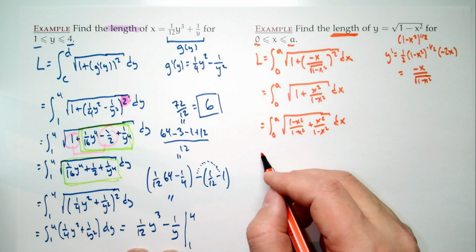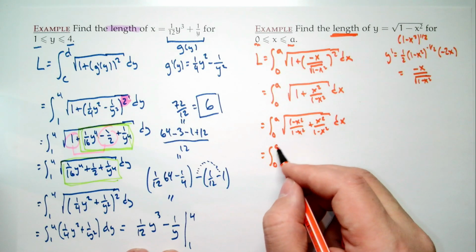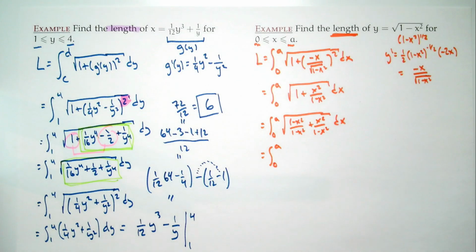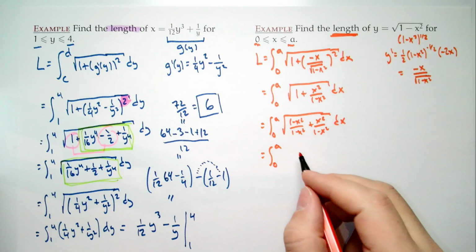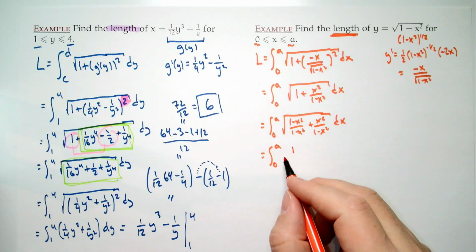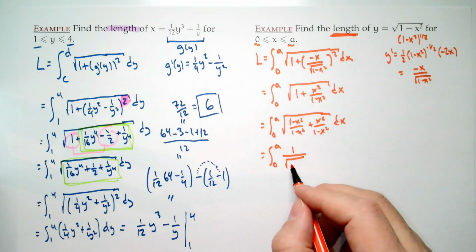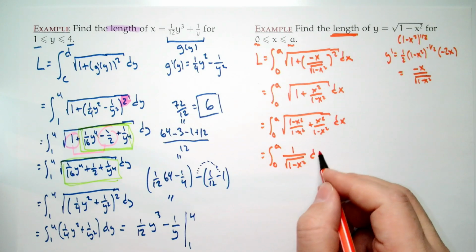When we add those together, what happens? The x squareds will cancel off in the numerator. And so in the numerator you have 1. And the square root of 1 is also known as 1. And downstairs you have the square root of 1 minus x squared.